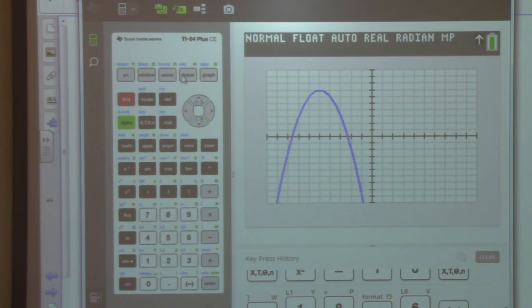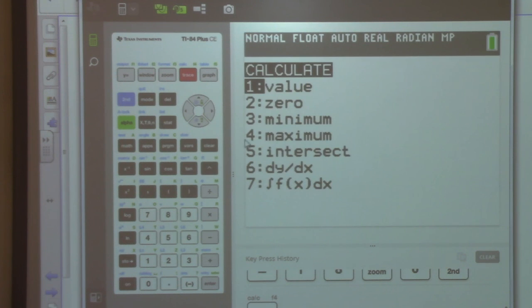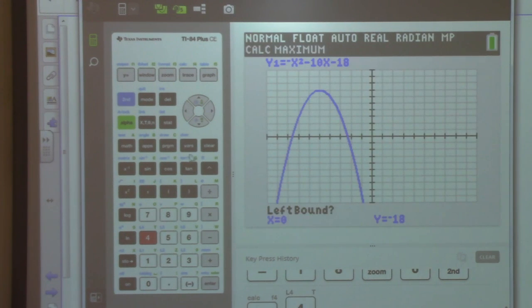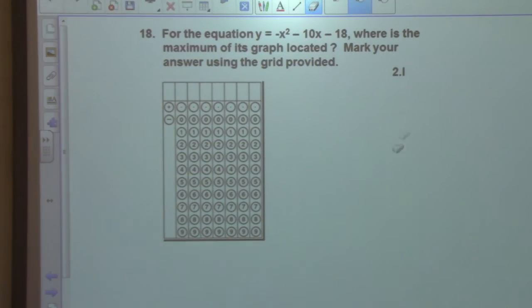So if you go to second trace, and I go to my maximum, I'm going to go to the left, and then to the right, enter, enter. And so you're looking for the x value where that occurs. Well, that's actually -5. So -5 is our answer for this. And we have to use our negative sign here. So that would be our answer to number 18.